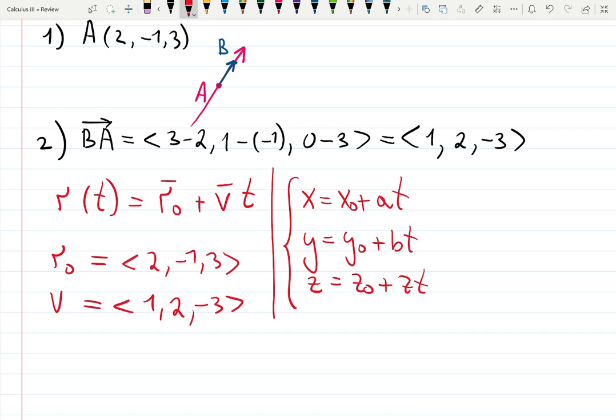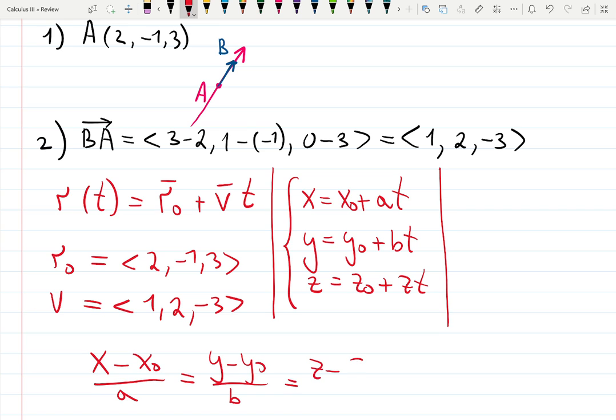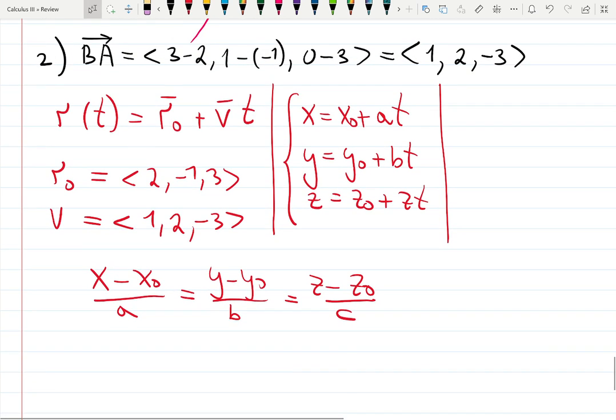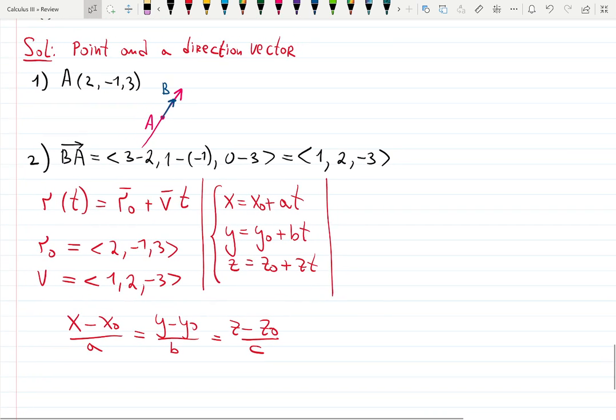This was one of the notations as well. There was also the three fractions notation, if you remember that one: (x minus x_0) over a, (y minus y_0) over b, and (z minus z_0) over c. That kind of notation was there. So just kind of a short review for you.